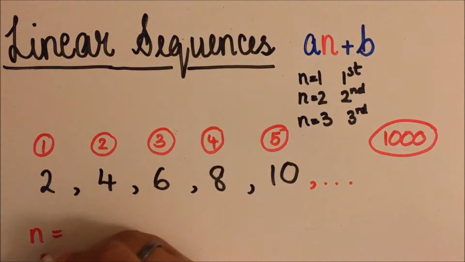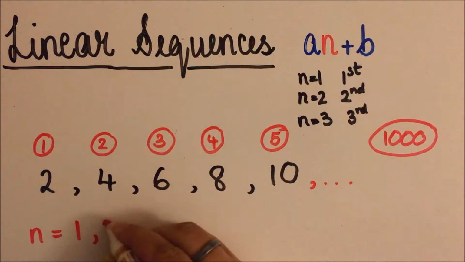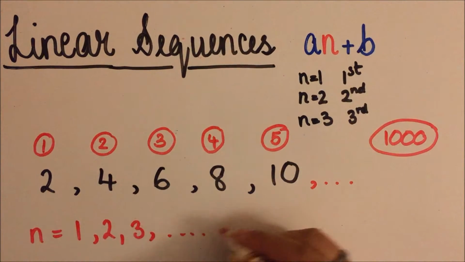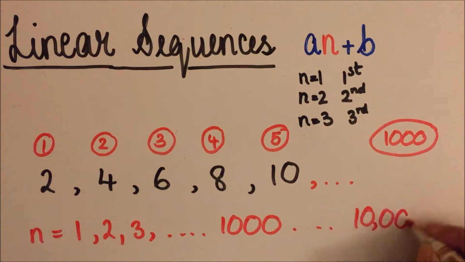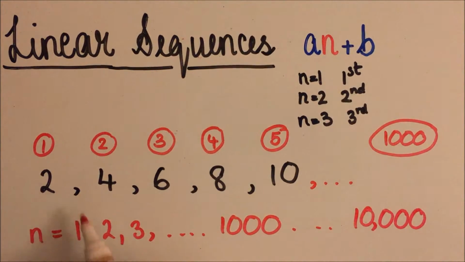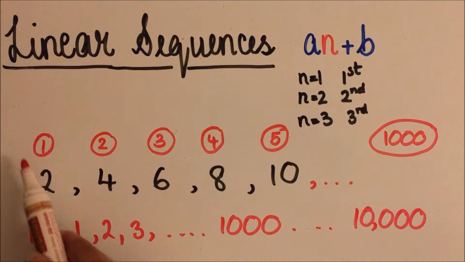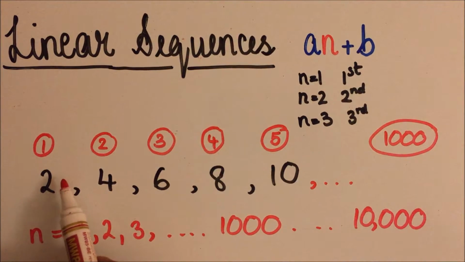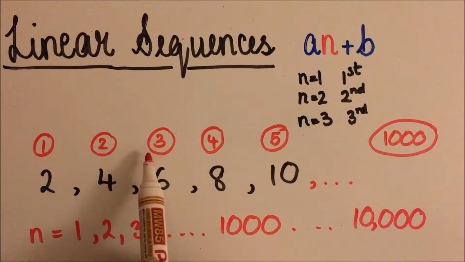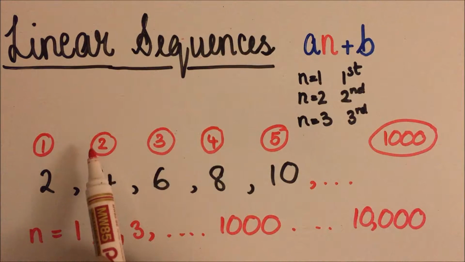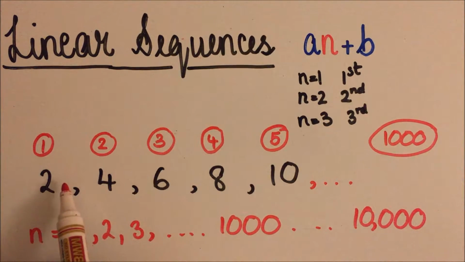n can only take whole number values, so 1, 2, 3, 1,000 or 10,000. And it can only take whole number values because you can't have 1.5th of a sequence. You can have a second and a third term, but you can't have 1.5th.